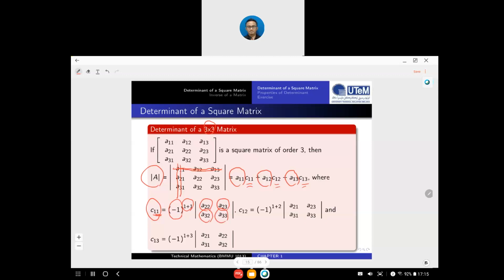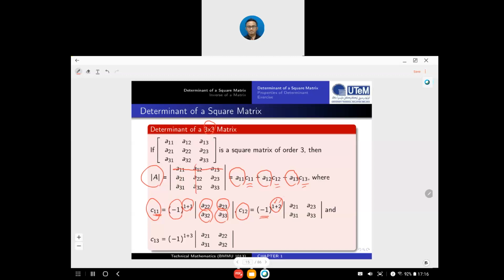Okay, what happens for cofactor 1, 2? Also the same thing. Negative 1, the power of 1 plus 2, because it comes from first row, second column.